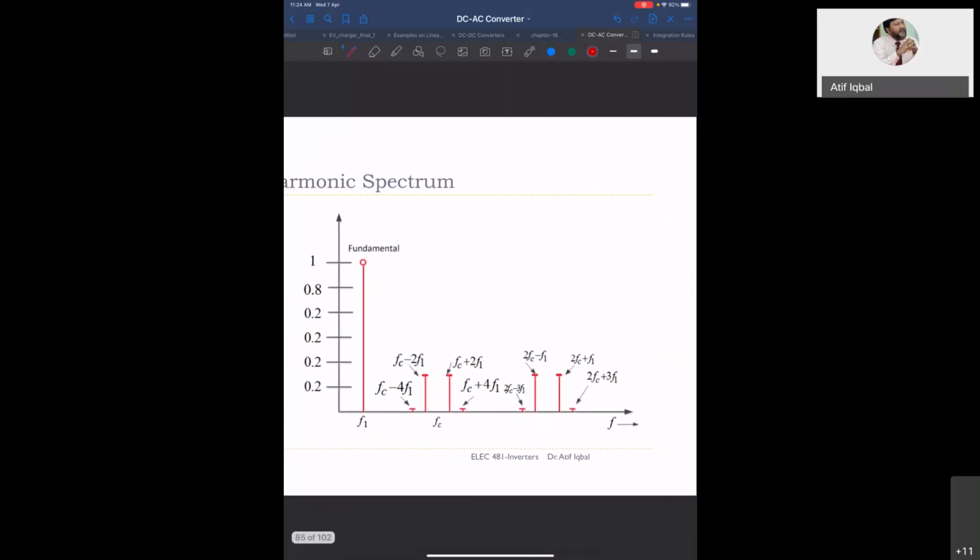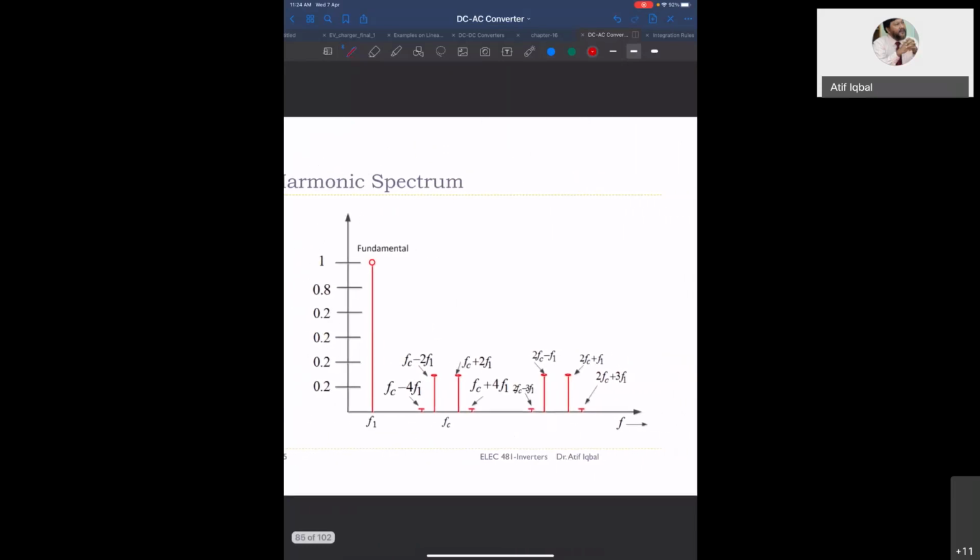Now the harmonic performance. In the case of 6-step waveform, we have the fundamental, then we have 5th harmonic, then 7th harmonic, then 11th, then 13th harmonics, and so on.